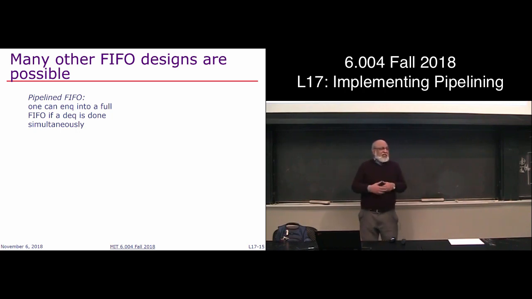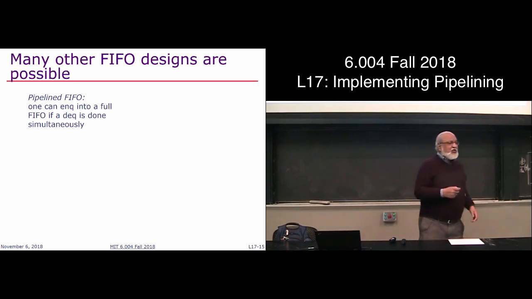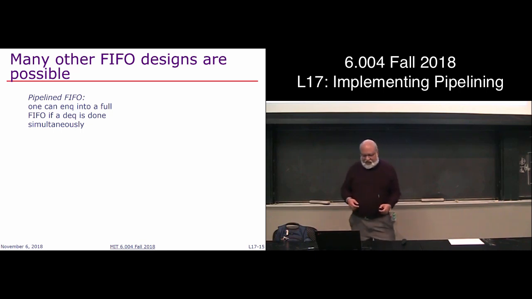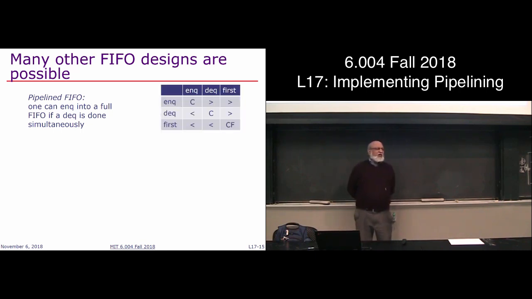Pull it out, put the next thing in, because that hardware is very good at that. You can do those kinds of things. If you did this, by the way, you will get this sort of conflict matrix for it. You can do it together. It will behave as if DQ happened and then NQ happened.